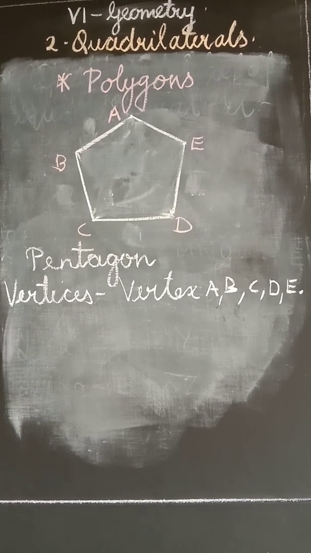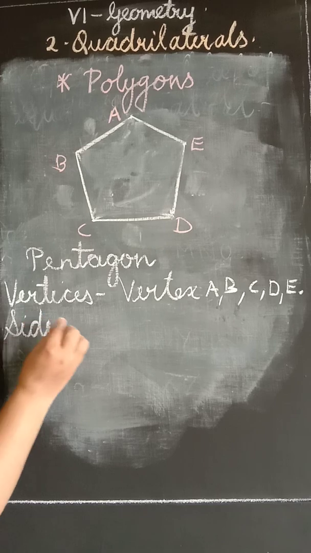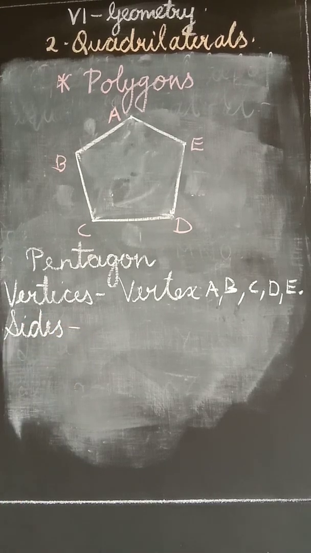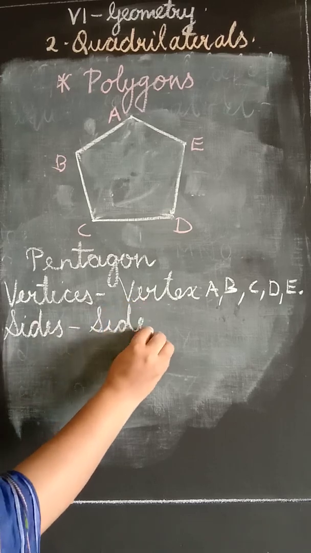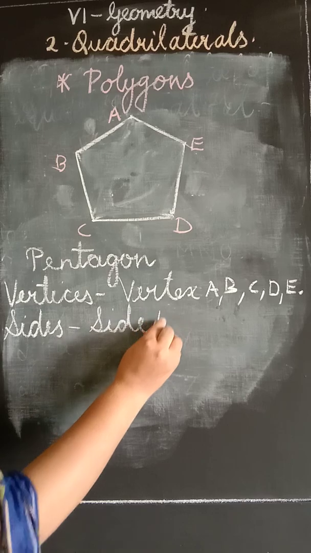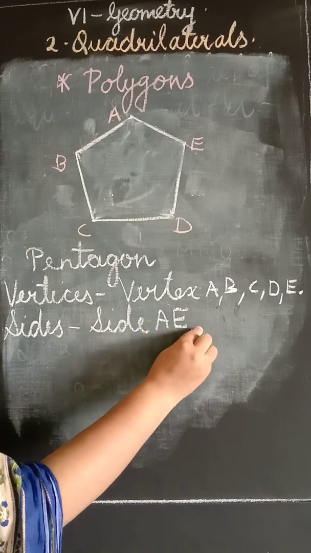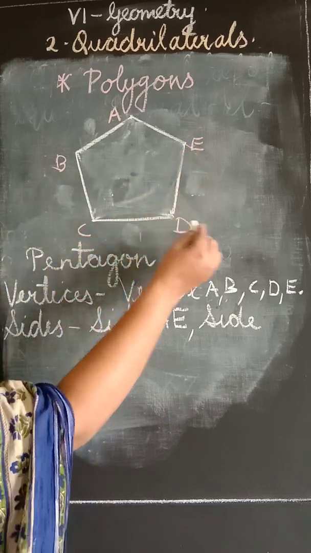Next, name the sides of the pentagon. Yes. So, how many sides will be there? Very good. There will be 5 sides. So, first side will be side AE. This is one side, side AE. Next, side ED.